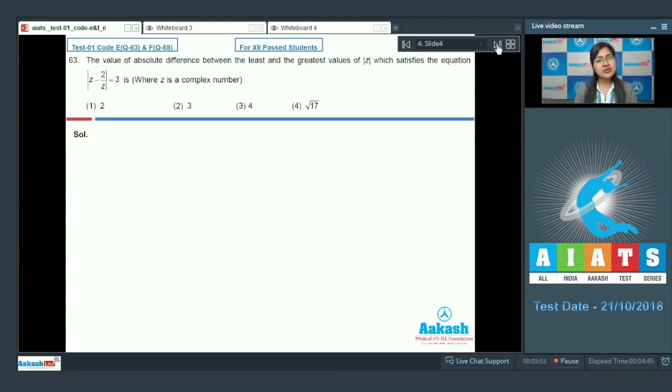Next is question number 63, which says that the value of the absolute difference between the least and the greatest values of mod z, which satisfies the equation mod of z minus 2 by z equal to 3, where z is a complex number. Now we know the property of complex numbers, that is mod of mod z1 minus mod z2 is less than or equal to mod of z1 minus z2.